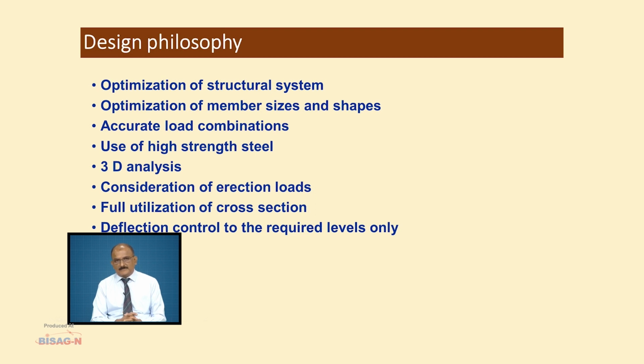Then optimization of the member sizes and shapes, very accurate load combinations, use of high strength steel, as I already told you, use of 3D analysis, consideration of erection loads very accurately, and full utilization of the cross section of the members at every point, and deflection control achieved to the required levels only. Let us see how this is being achieved.